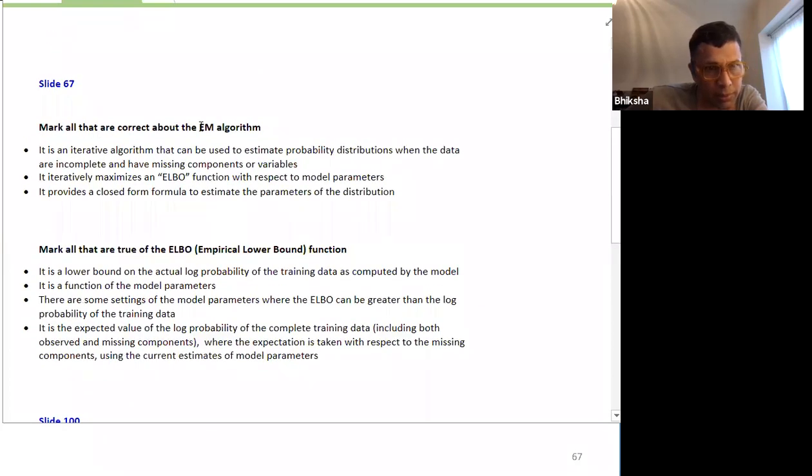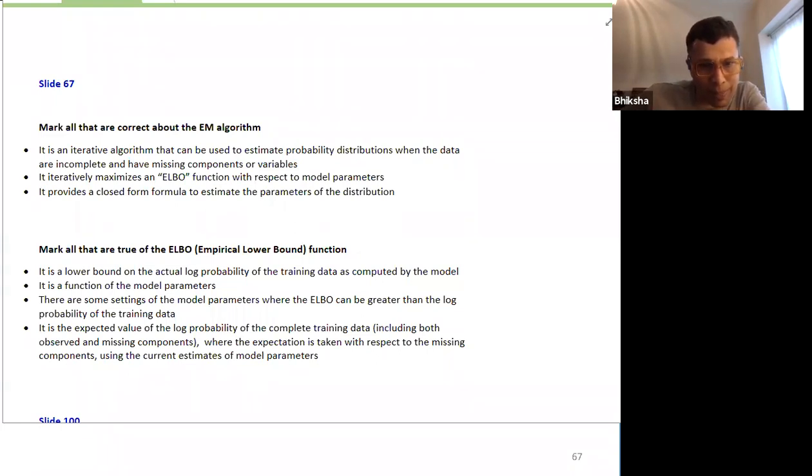And this is the current poll. 15 seconds, guys. Okay, let's start.